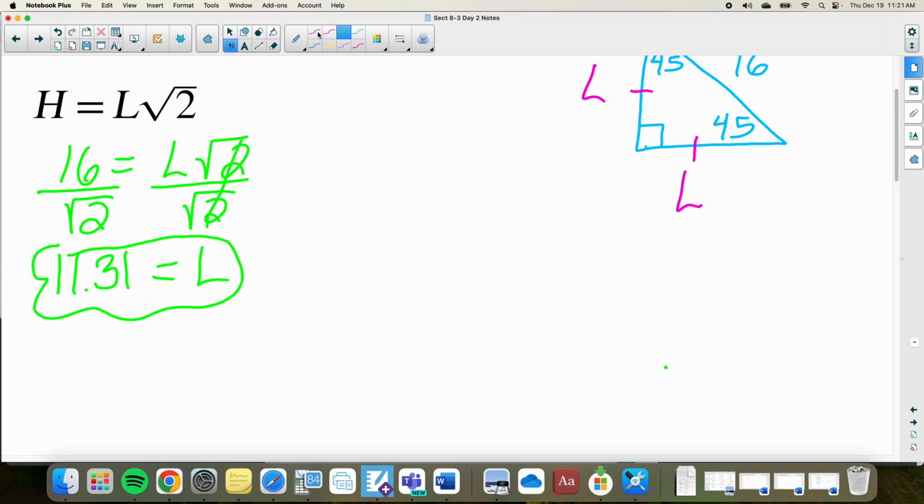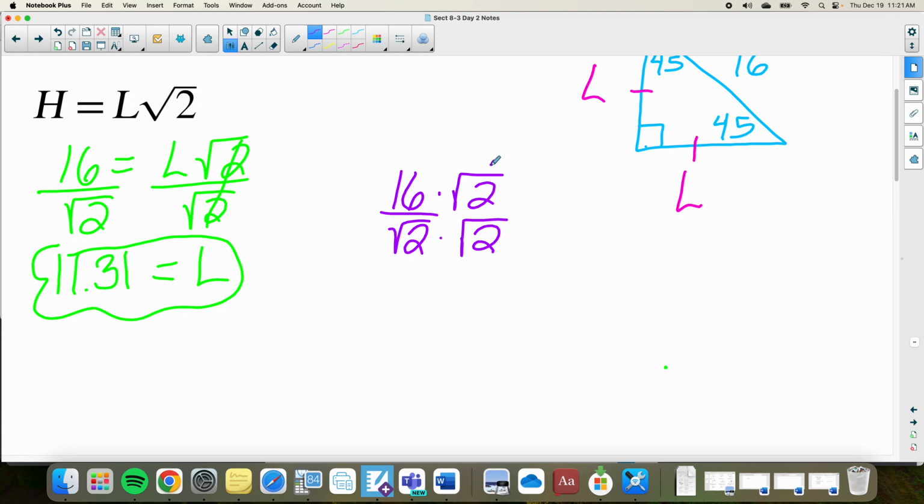Or another thing you could have done is, I shouldn't even have written that. Another thing you could have done is if you have 16 divided by root 2 and you rationalize that, you'd multiply by root 2 on top and bottom.